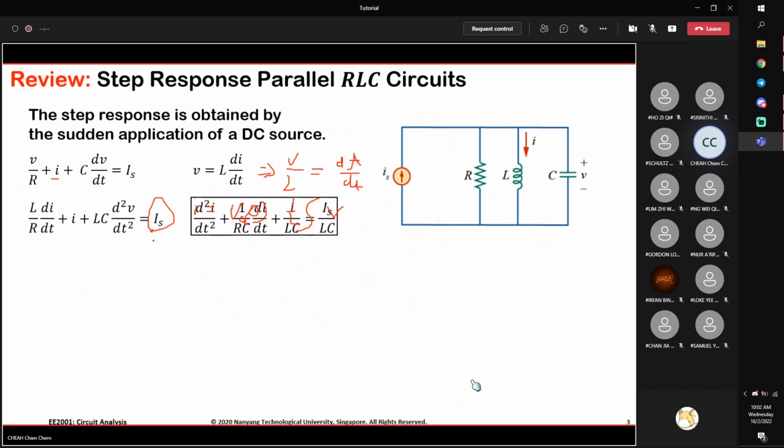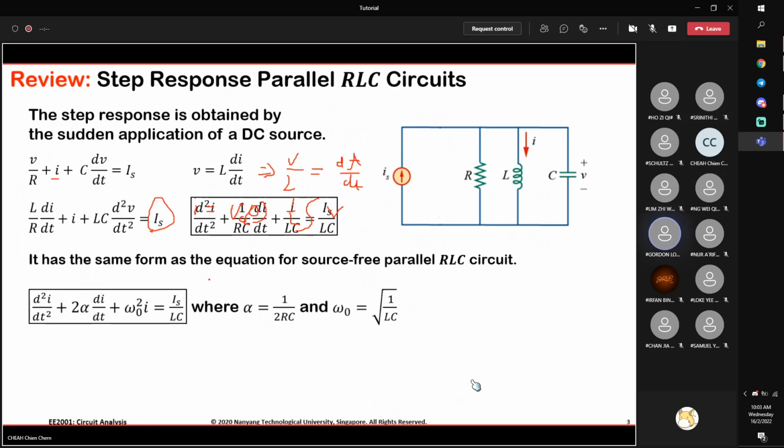The right hand side will be different, but the rest basically are in a similar form. You can go and try it out. So they are similar in that sense, but the steady state value will be different, because one is referring to the steady state value of the current, the other one is referring to the steady state value of your voltage.